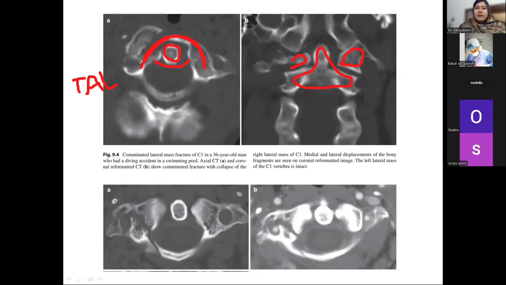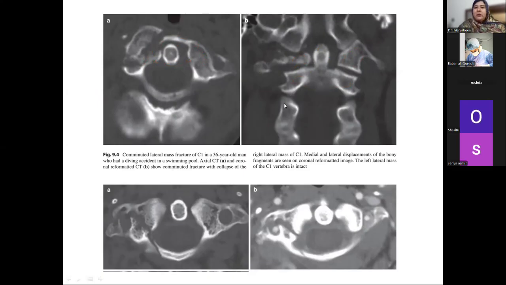This is the rotation of the neck, and it is seen at the atlantoaxial joint. Now, this ligament is very important. Any trauma that disrupts this ligament results in dislocation of this joint, in other words, atlantoaxial subluxation. So that's why you should remember this.